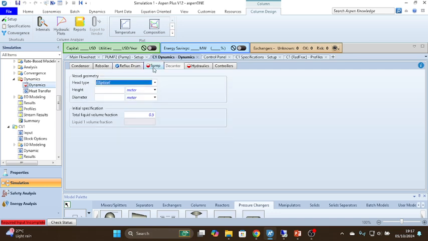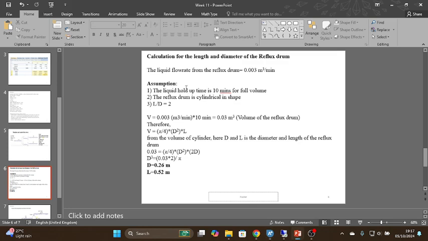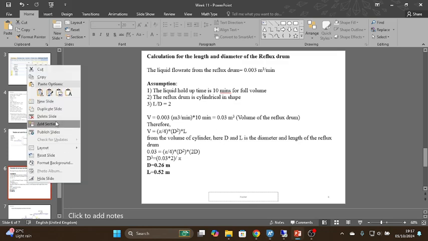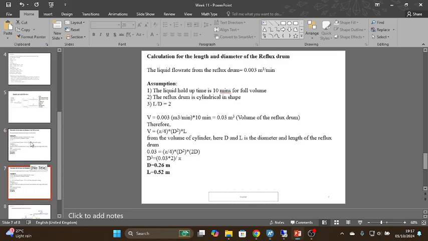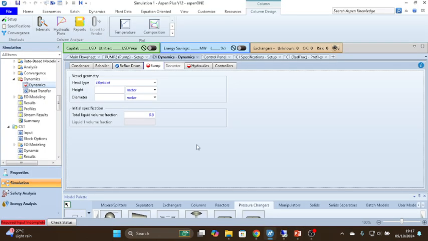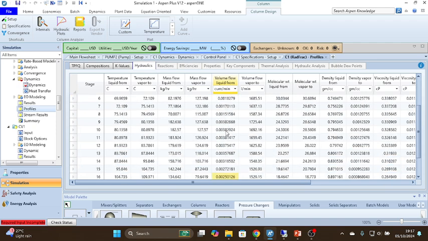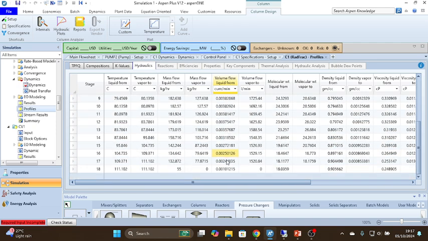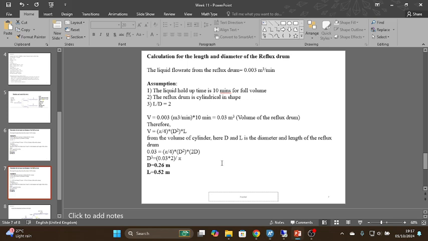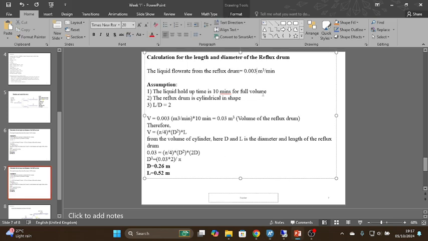Okay. Now similarly, we have to calculate the sump length and diameter. So for that, we have to come back over here, come to the profiles. Over here, the sump is 0.002 meter cube per minute.